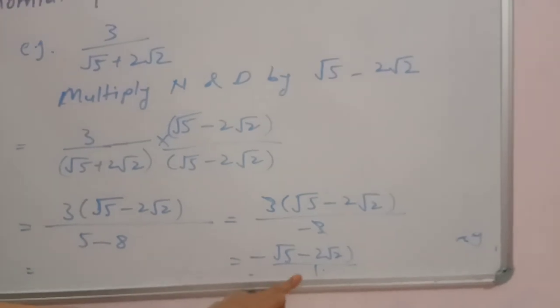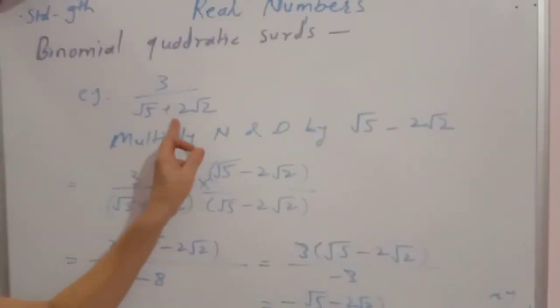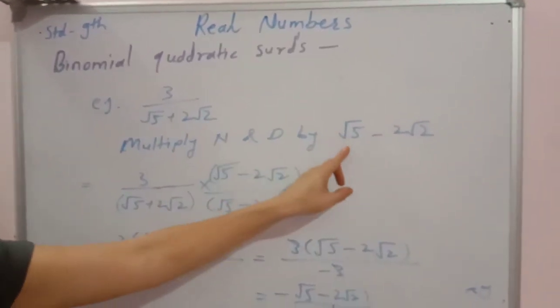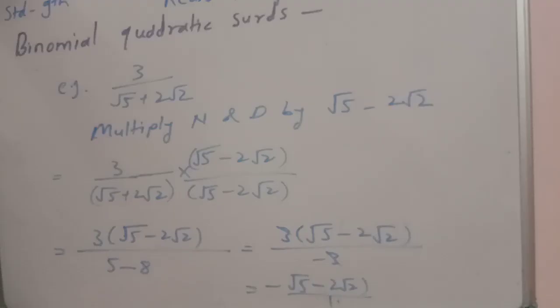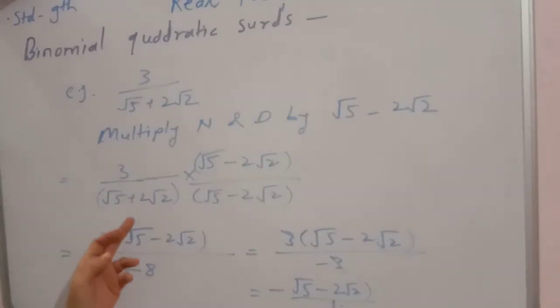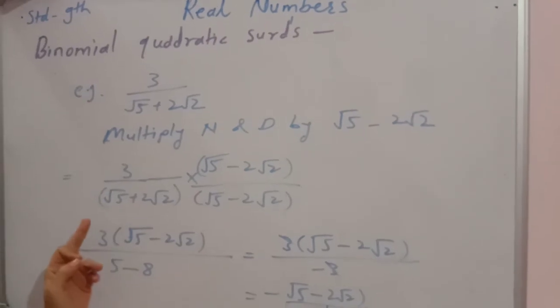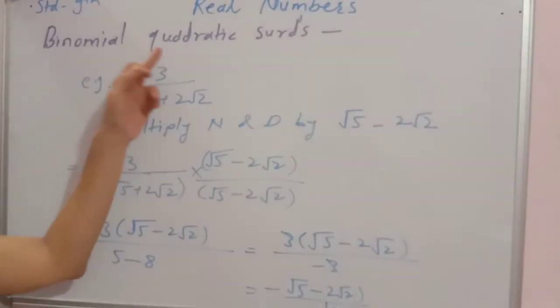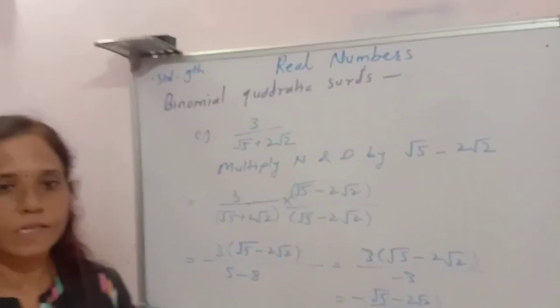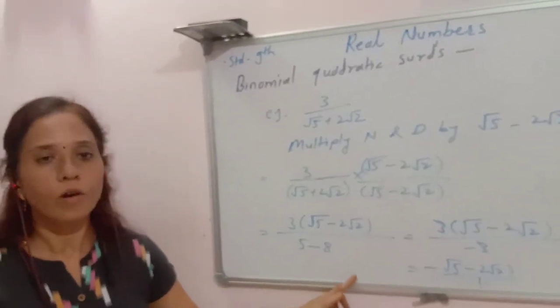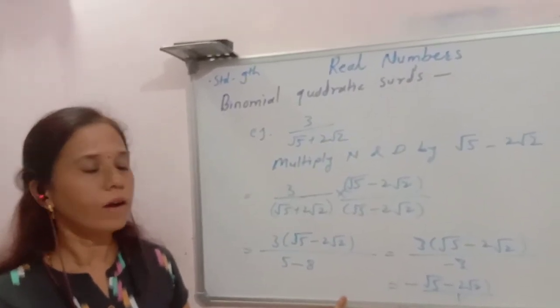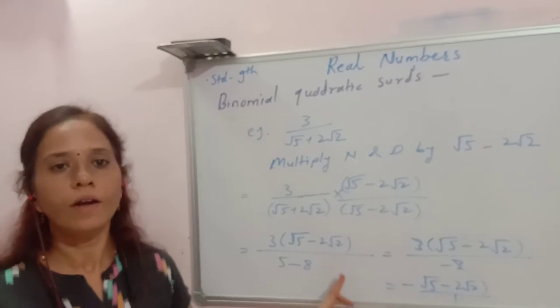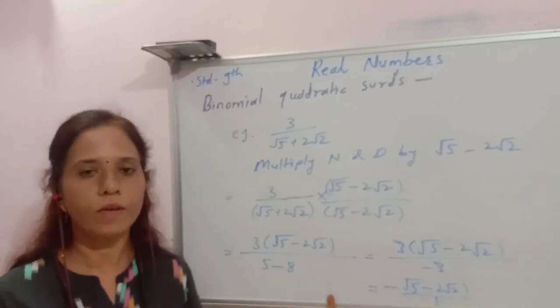And in this way we have rationalized this denominator by using the conjugate pair. I hope you understand the topics: binomial quadratic surds, before that rationalization of surds, then conjugate pairs. Solve the examples related to all these topics. Okay, bye.